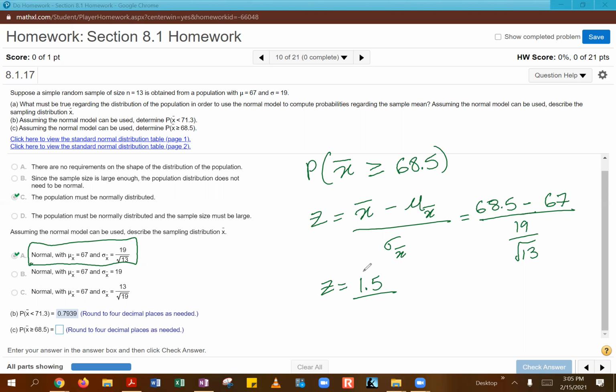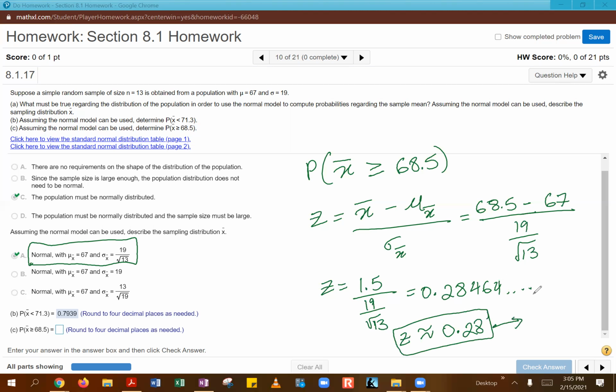And we will get a z-score of 0.28464. And again, this number keeps going. So again, we will round it to 2 decimal places, which will come out to be 0.28 this time. So that's our z-score. Now let's see what our corresponding area is going to be.